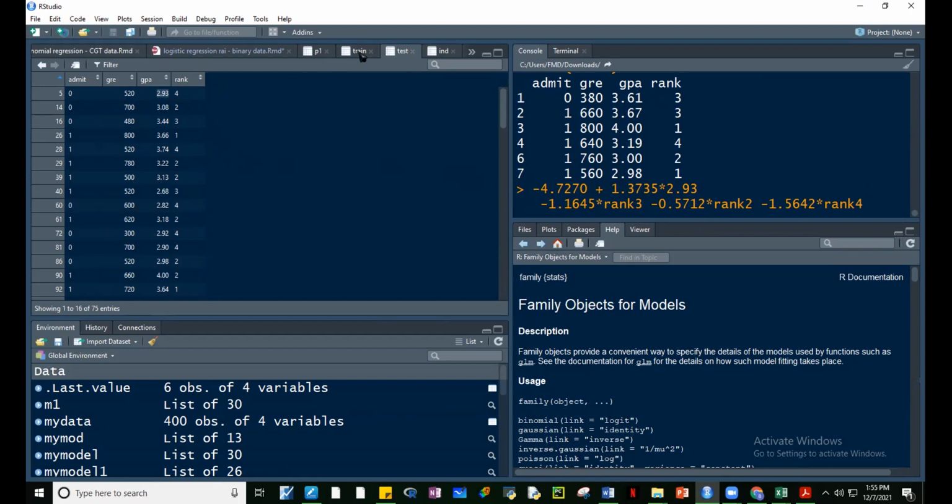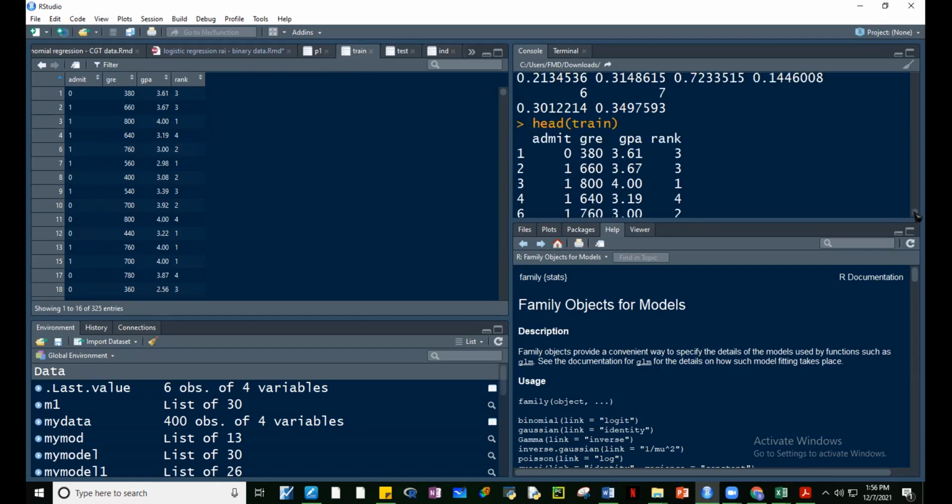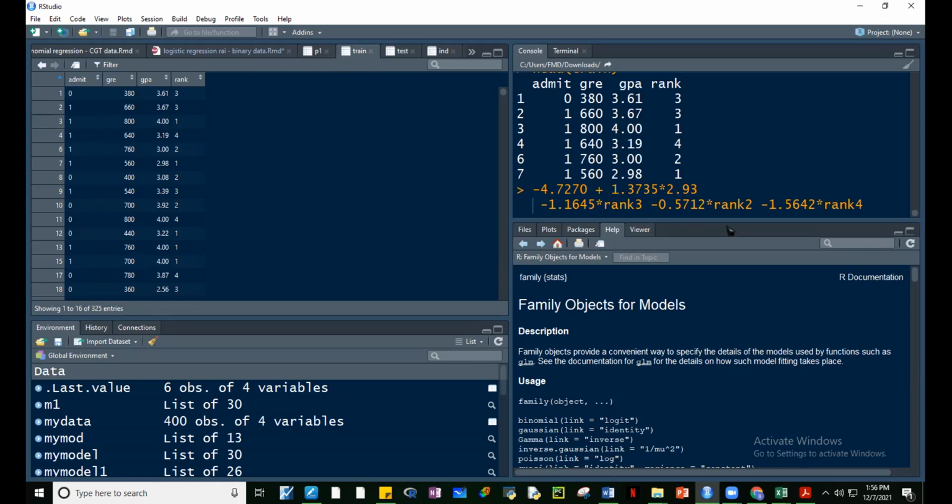And then, saan ba ako? Train data. Oh, tama pala. Train data. 3.61 at saka 3. Yeah, this is correct. Sorry guys, medyo na-confuse ako dun sa train at saka test. My apologies. Let me backtrack, guys. So this should be train data.